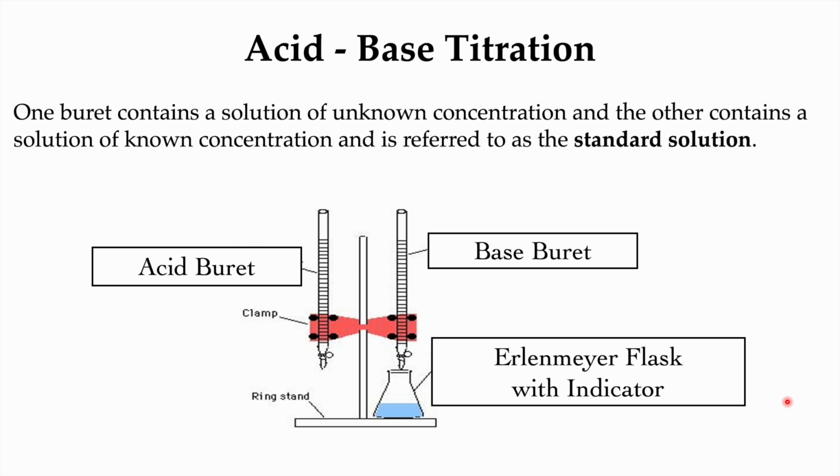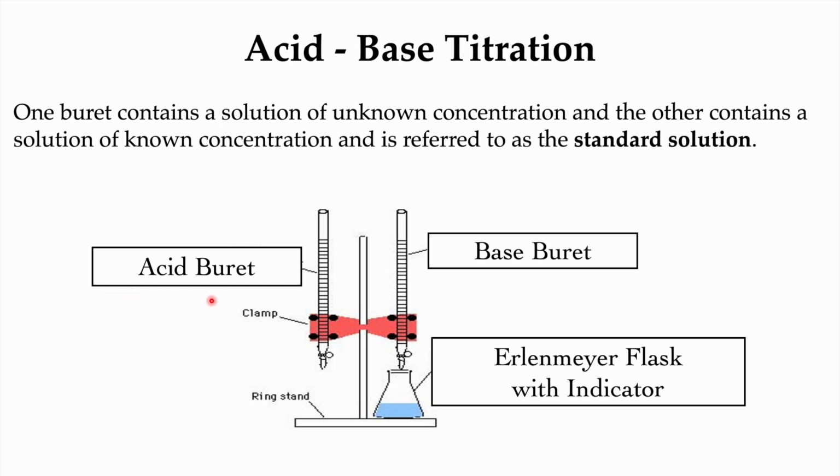So one of the burettes is going to have a solution of unknown concentration, and the other contains a solution of a known concentration. The solution of known concentration is referred to as the standard solution. And it doesn't matter which one is which. You can have the standard solution be the acid, or you can have the standard solution be the base. Okay, so what you're going to do is you're going to dispense a certain amount of the standard solution into the Erlenmeyer flask, and you're going to record that, okay?